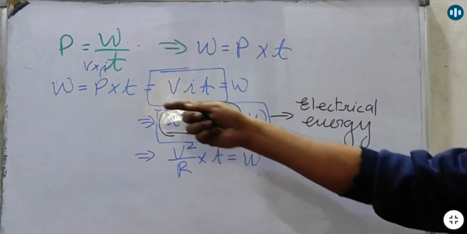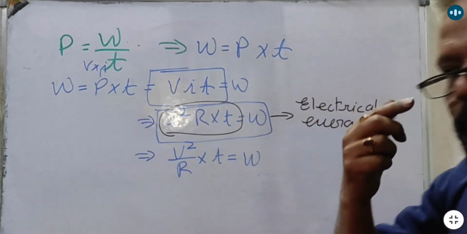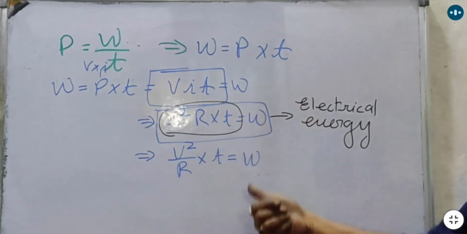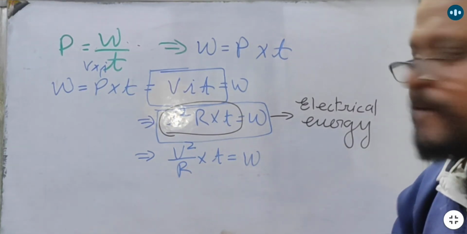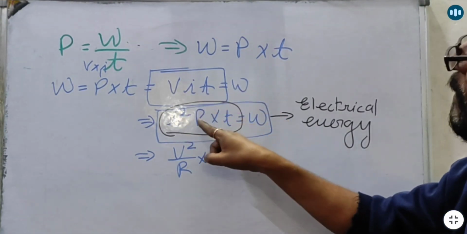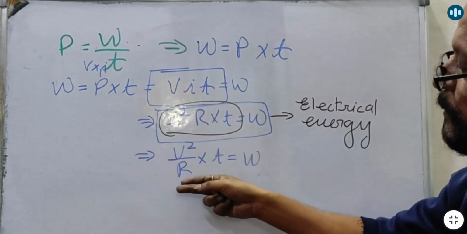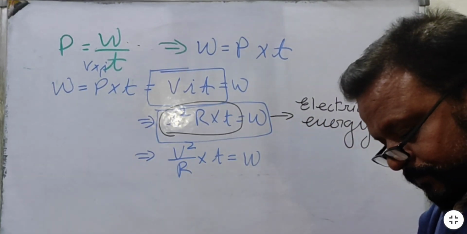No doubt, as per the given data, you can use the others also because work is a kind of energy, so all are for electrical energy. But if someone asks to find out electrical energy, you will go with this. If you are not having data like this, then you can use the other also. Okay?